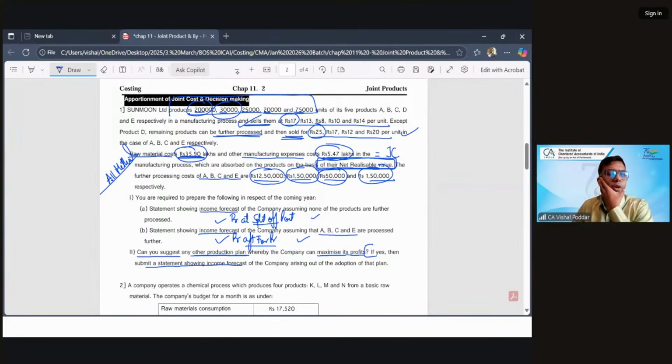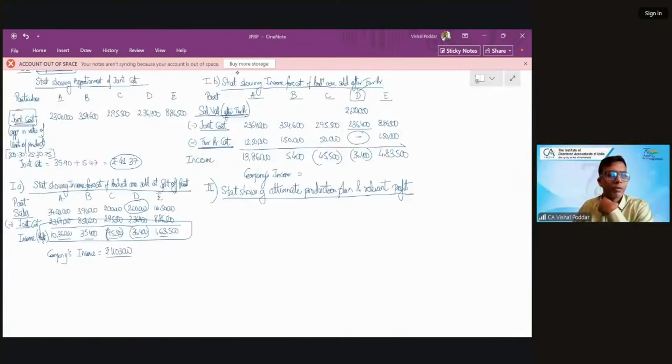You know, what is 12,50,000 into 25? You have to multiply it by units sold, no beta? How much is the unit sold of A? It is 2 lakhs. So what have you multiplied this 125? Correct, Deepika.